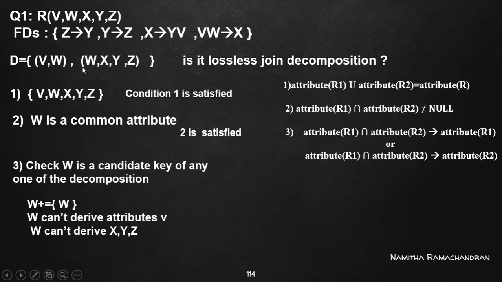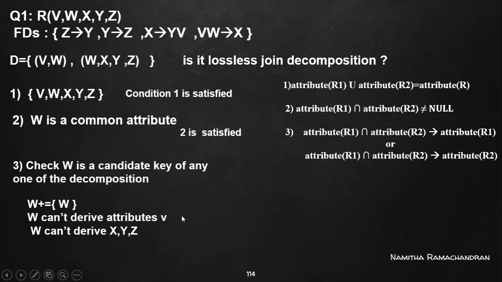We need to consider the same in the other decomposition also. Here we have the attributes W, X, Y and Z. But using W, its closure has no other attribute, meaning X, Y and Z can't be derived by the attribute W. So W is not a candidate key in this decomposition also.